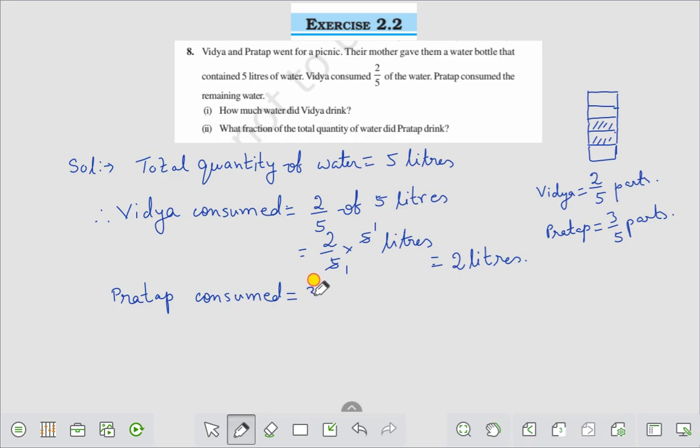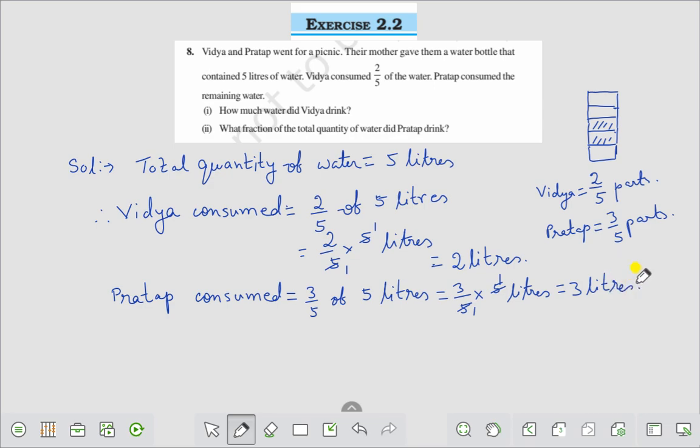That is 3 by 5 of 5 liters, which is equal to 3 by 5 into 5 liters. 5 into 5, 5 into 5. That means Pratap consumed 3 liters.